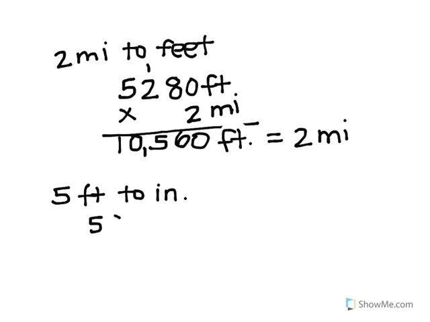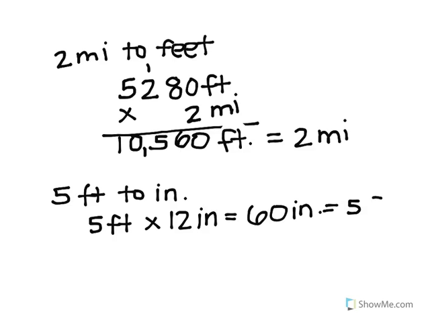I'm going to take my 5 feet, and I'm just going to write this one horizontally, since it's a basic math fact that we should know, but we still need to show our work, and that equals 60 inches, which is the equivalent of 5 feet.